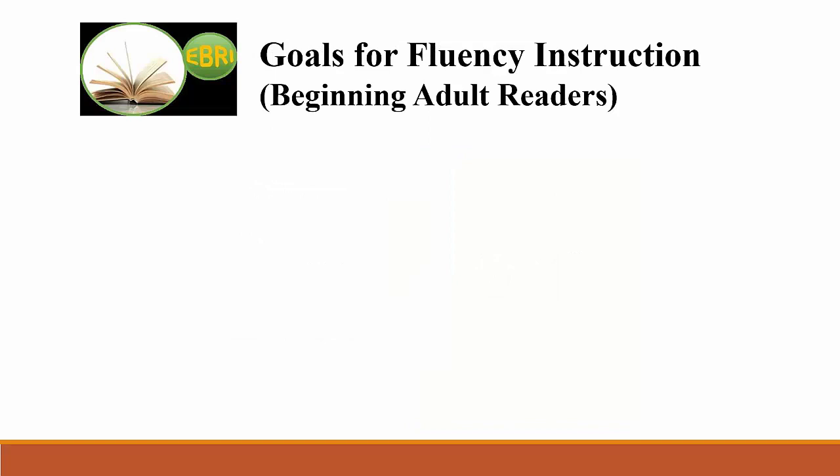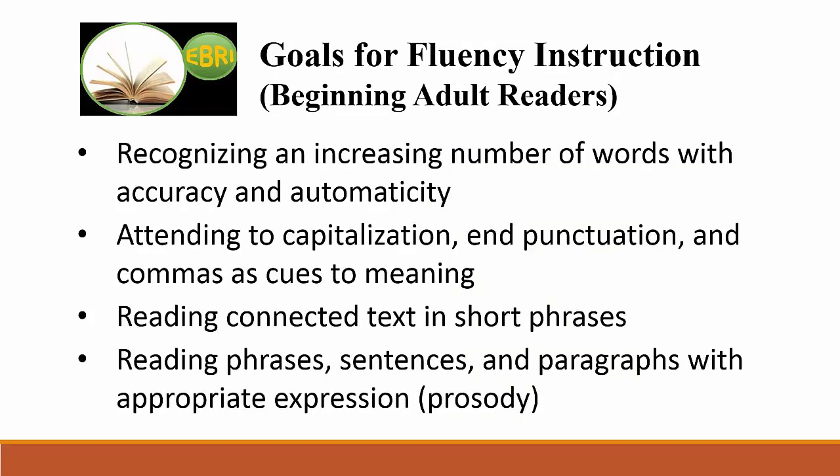However, instructional goals for most students at the beginning level will involve the following: recognizing an increasing number of words with accuracy and automaticity, attending to capitalization, end punctuation, and commas as cues to meaning, reading connected text and short phrases, and reading phrases, sentences, and paragraphs with appropriate expression, or as we discussed, prosody. The rest of this course provides instructional approaches to achieve these goals.